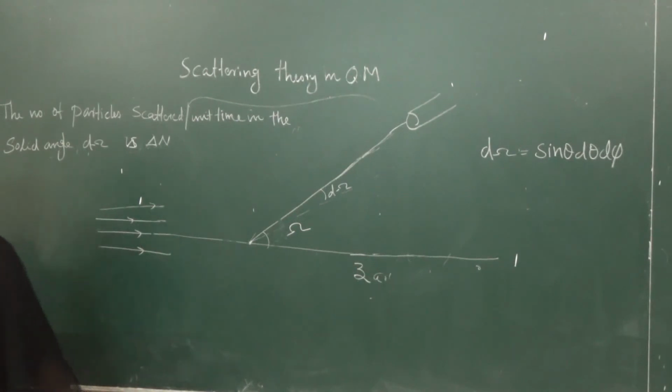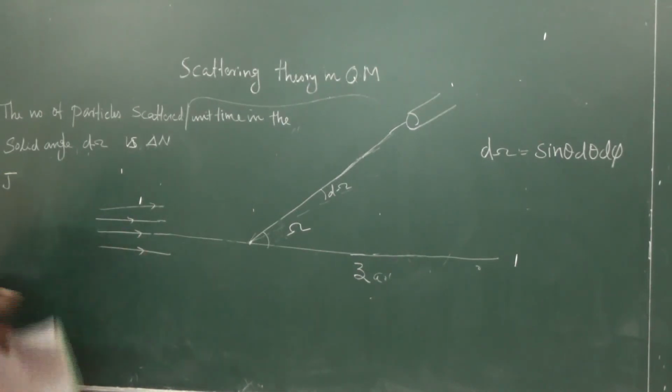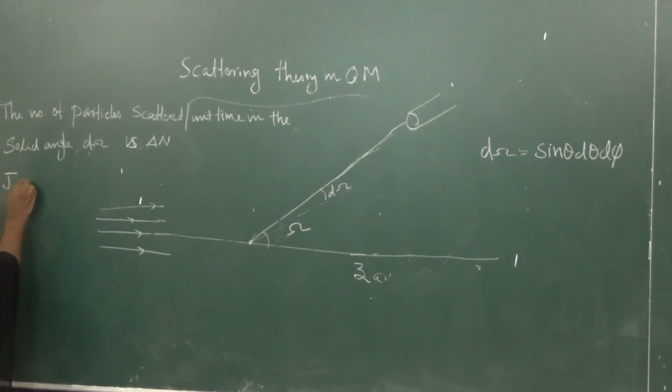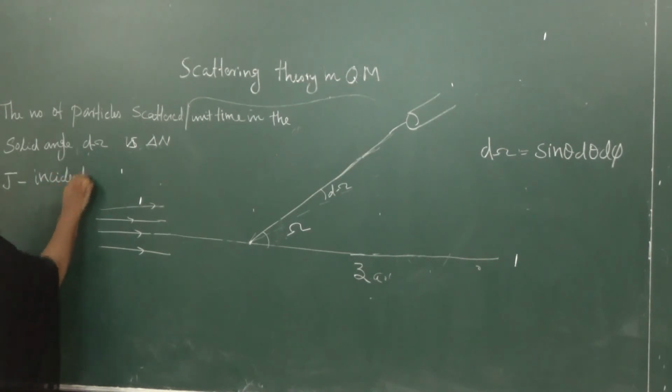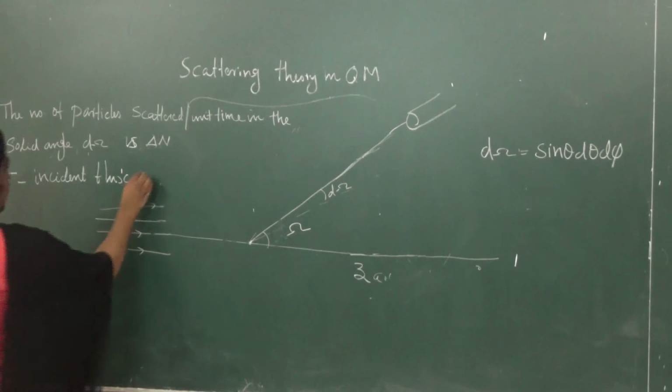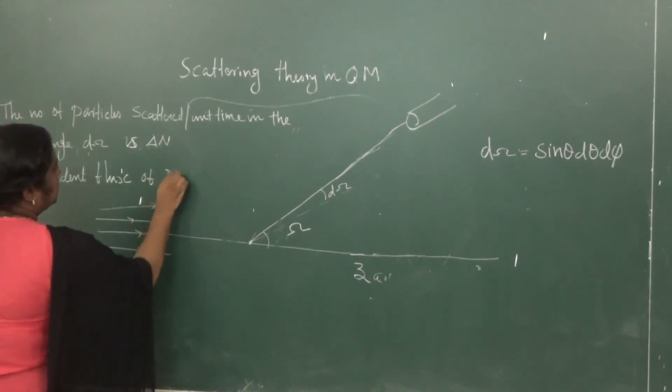So delta n and J is the other quantity. J that you know is the current density you have studied. So here it is equivalent to particle density.